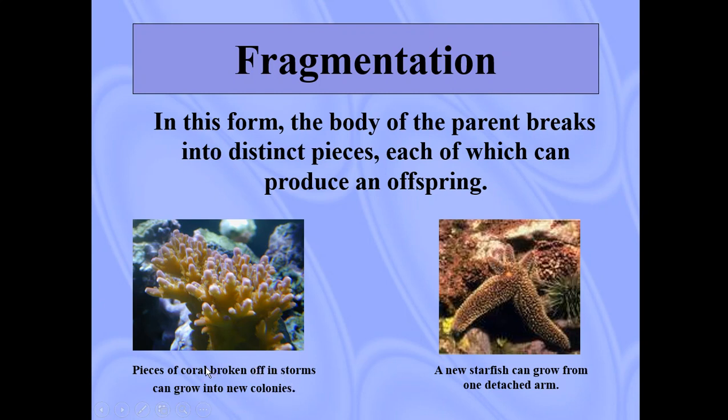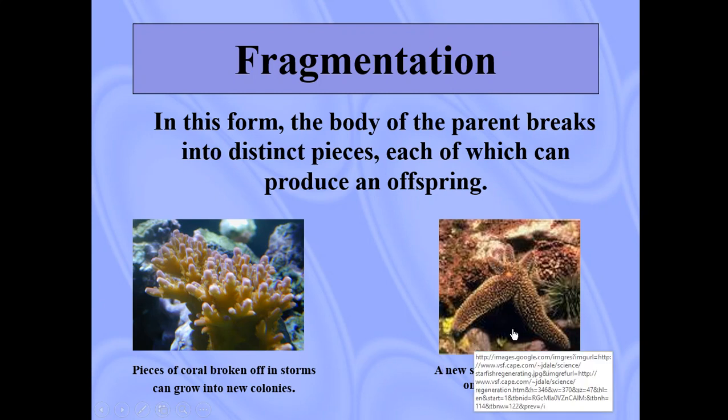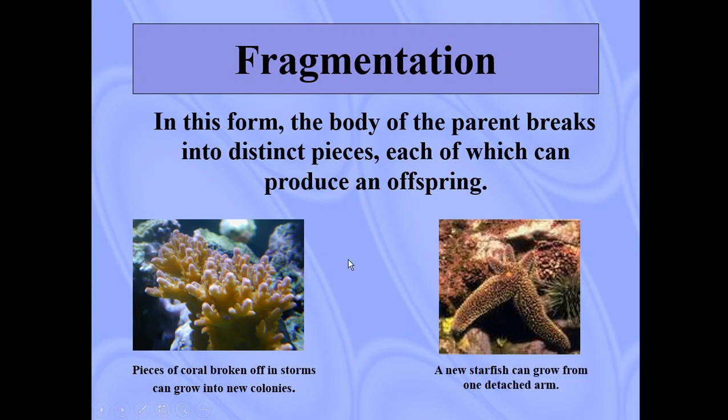Okay po, so that is one example of fragmentation. Also, a new starfish can grow from one detached arm. Okay, so halimbawa, naputol yung isang arm ng starfish, then that single arm will eventually become another starfish. Okay po? So that is fragmentation.